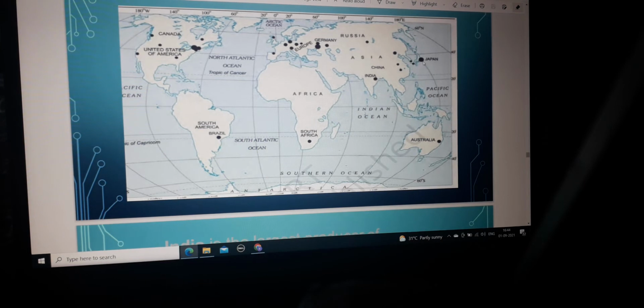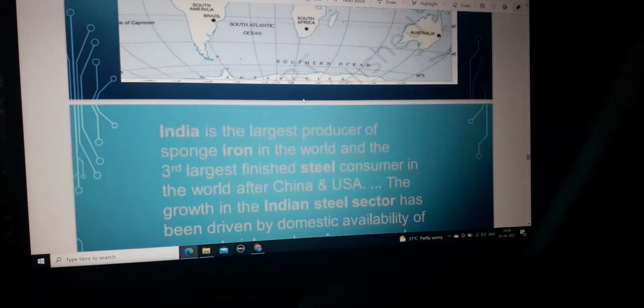Japan is also there, Osaka, Australia, and there are certain iron and steel factories in China too, Russia, Mongolia, and South Africa. These are the iron and steel industries of the world.